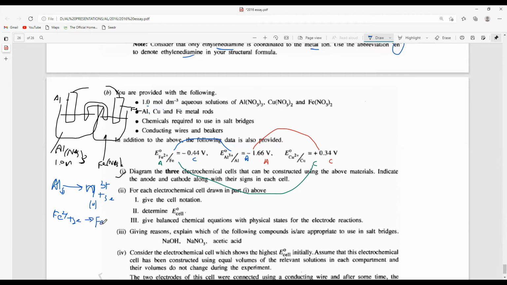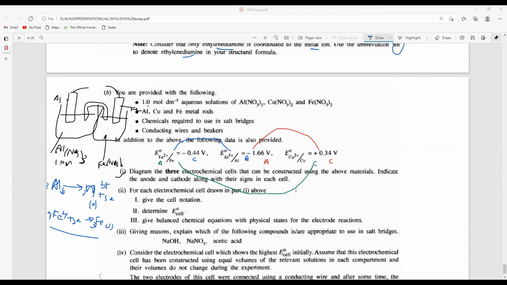But don't forget, you have to balance this. So here 3 electrons, here 2 electrons. So you can multiply this by 3, giving 3 and 3, and this one by 2, giving 2 and 2. Then you can write down the overall cell reaction. And in the cell notation, you can mention aluminium.